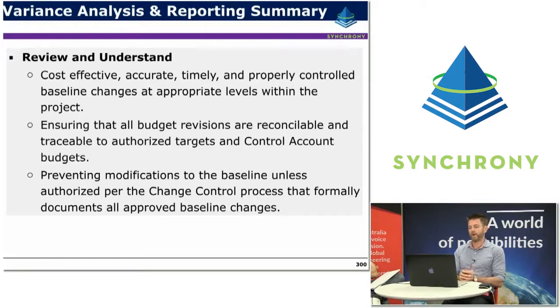We really need to prevent modifications to the baseline unless it's authorised through the change control process that formally documents all the approved baseline changes. So the change control process should really be protecting the project from unauthorised scope, so it's the gatekeeper. And the changes that come through should really be like a mini business case, and the change control process makes sure that the right changes are being flowed through.